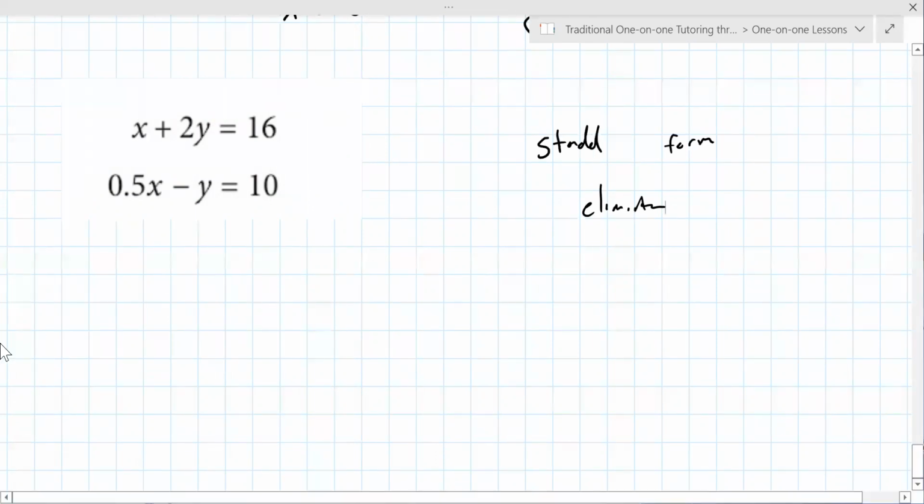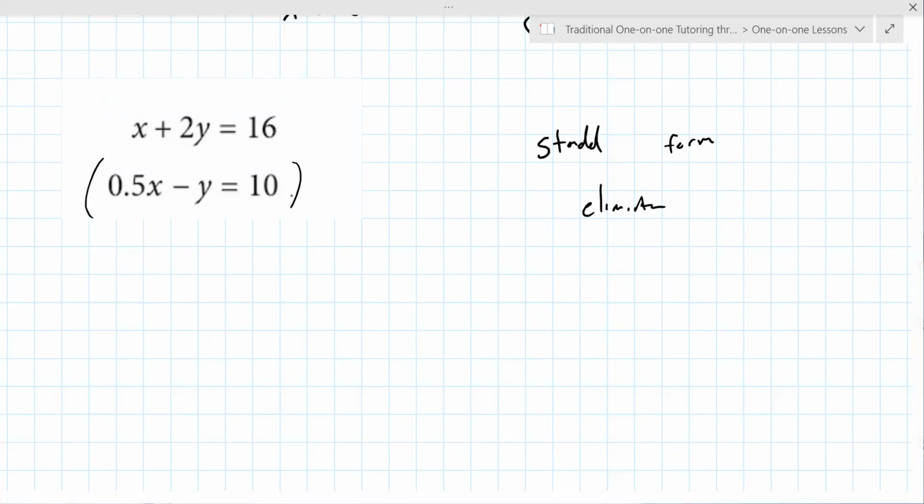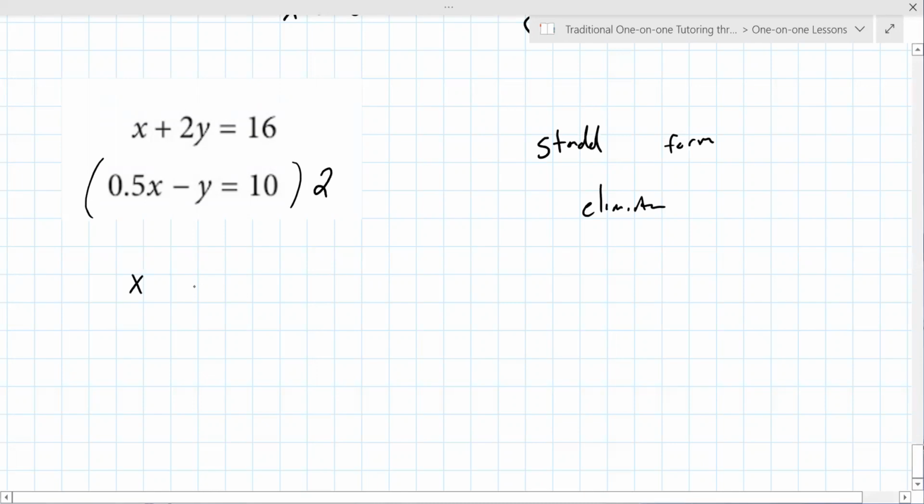Which one maybe already has the appearance that it could be eliminated because they're opposite in sign? The y's. Yes. So what do you multiply the second equation by to get minus 2y? Positive 2. Positive 2, yeah. The nice thing is that gets rid of the fraction there.